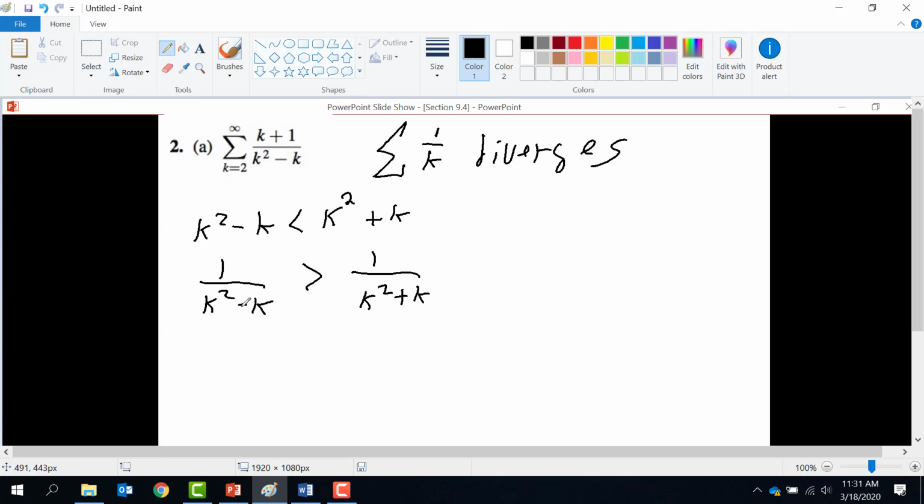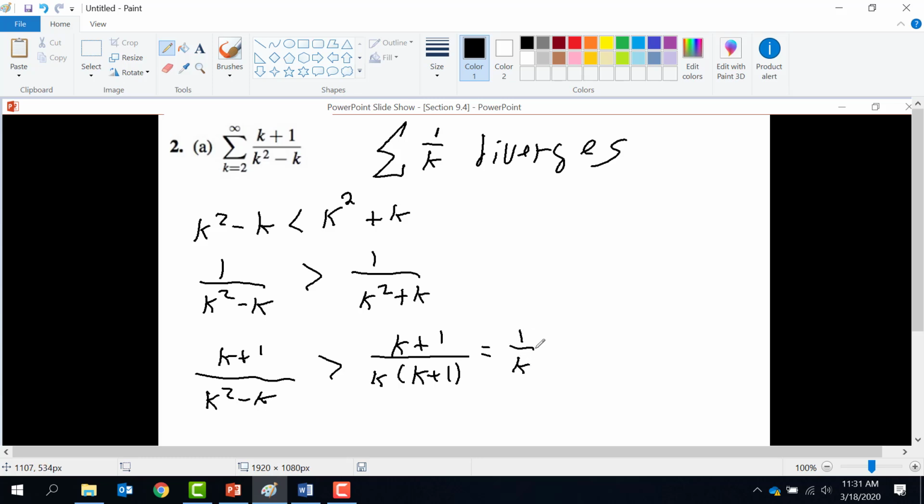And then when I multiply both sides by k plus 1, I will get the formula for the terms that I have in here. So I will get k plus 1 over k squared minus k is bigger than k plus 1 over k squared plus k. And here's why I did the k squared plus k, so that I could then factor out the k and write that as k plus 1.